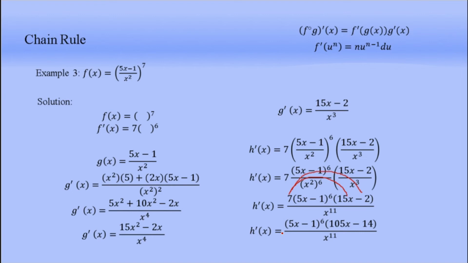So the derivative of the function is (5x minus 1) raised to the 6th power times (105x minus 14) over x raised to the 11th power. And that's it for chain rule.